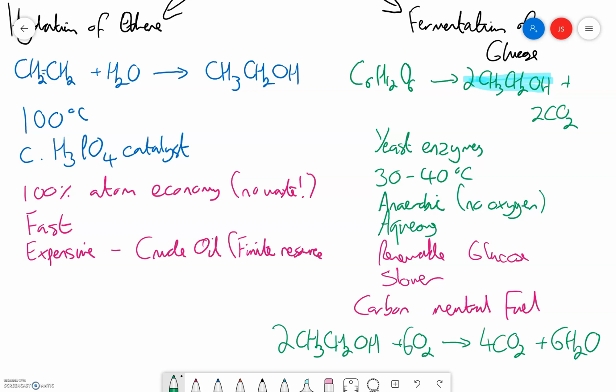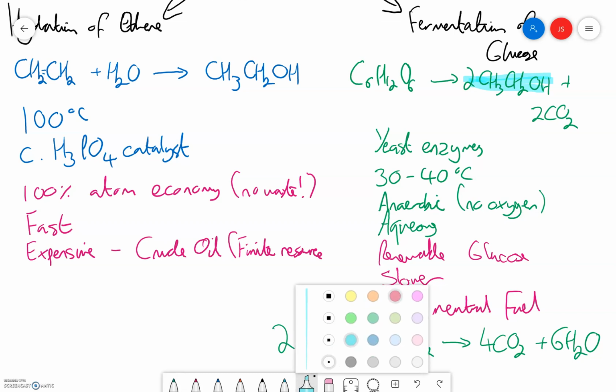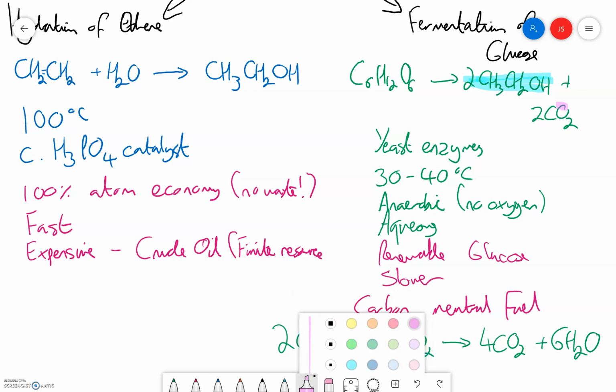All right. So why could this be argued to be a carbon neutral product? Well, if you have a look at the amount of CO2 produced so far, we have produced 2 moles of CO2 there and 4 moles of CO2 there. So 6 moles of CO2 has been released to the atmosphere in total.